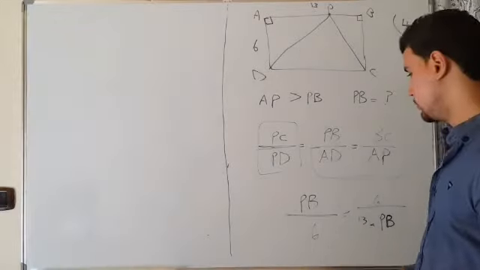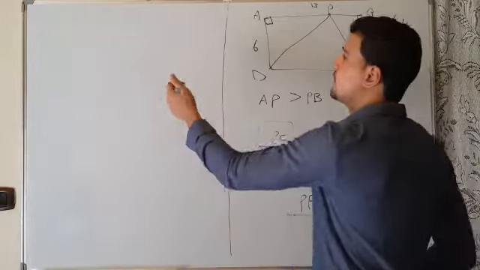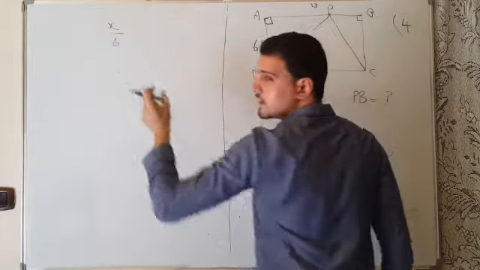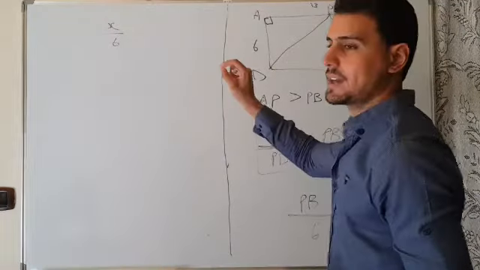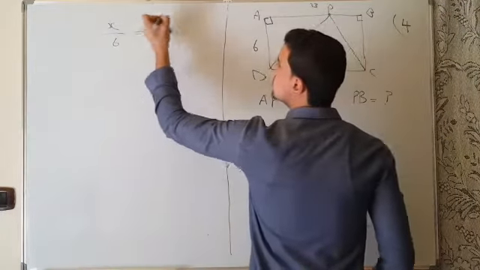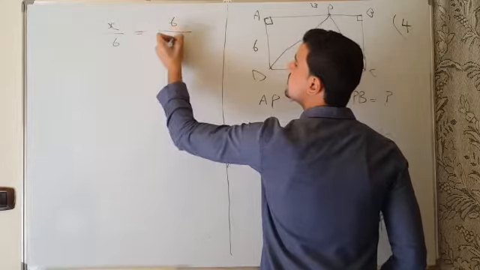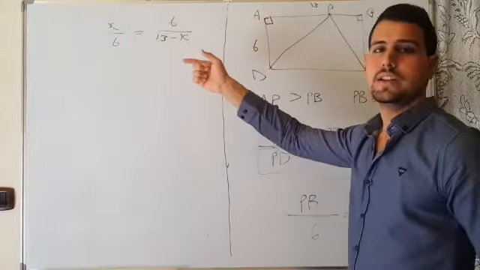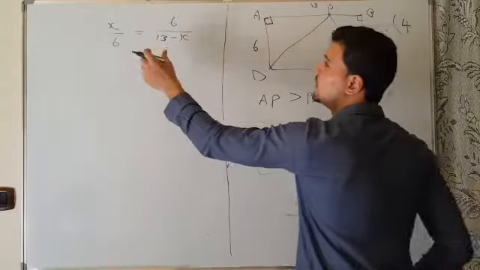So this is how you do it. Okay. Now for the ease of writing, I will put X instead of PB. Alright? 6 on 13 minus X. Now, such an equation is just really simple algebra. Right?